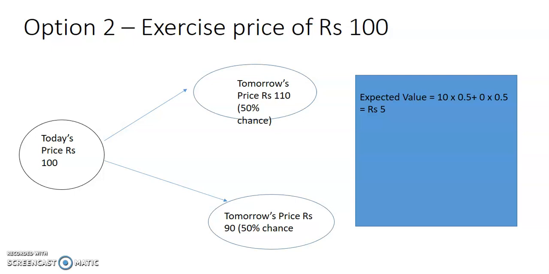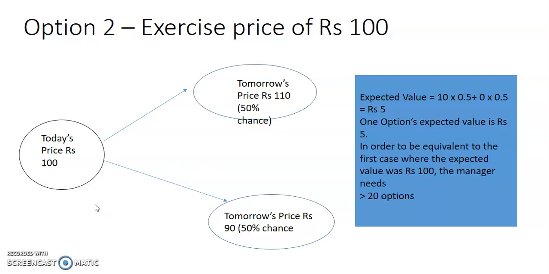And as we can see here, the expected value is 10 into 0.5 plus 0 into 0.5, which is equal to rupees 5. Here, as against the first case that we saw, the expected value in the first case for the manager was 100 rupees. In this case, the expected value is 5 rupees.